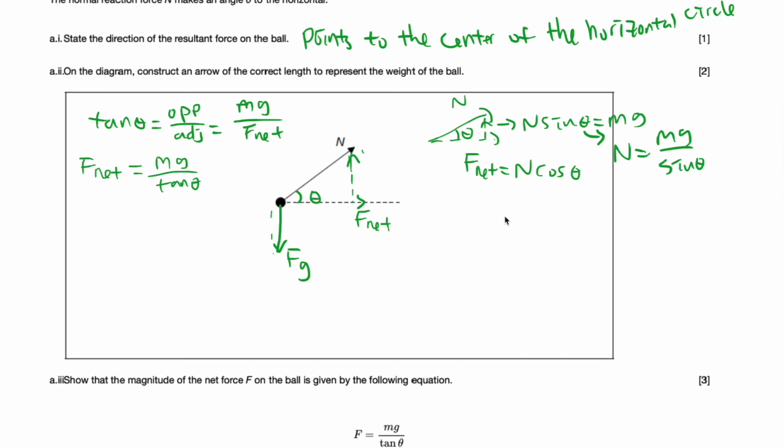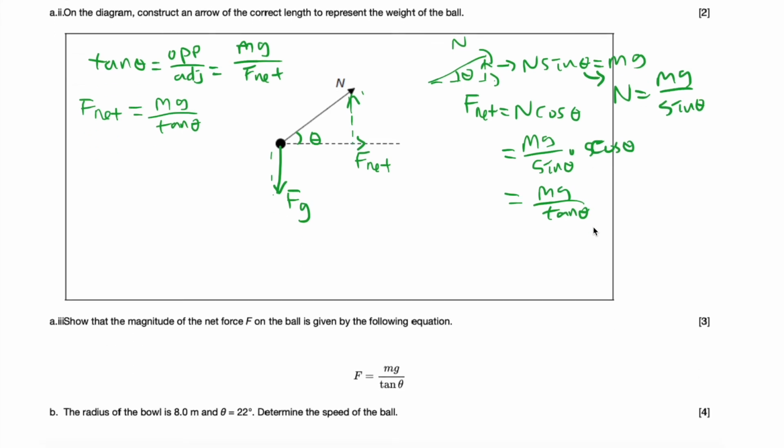And then you can plug this equation in. So mg over sine theta times cosine theta is going to be equal to mg over tangent theta, because tangent theta is equal to sine theta over cosine theta, so cosine theta over sine theta is equal to 1 over tangent theta, which gives mg over tangent theta.